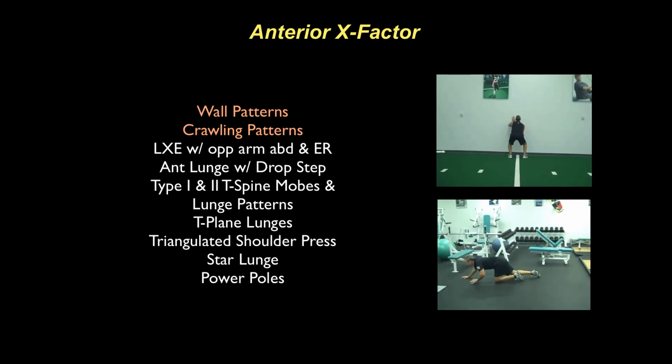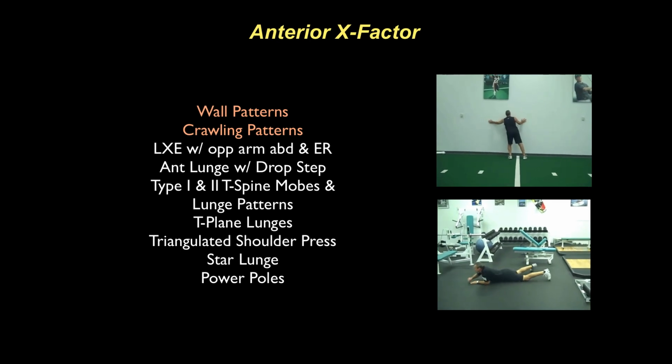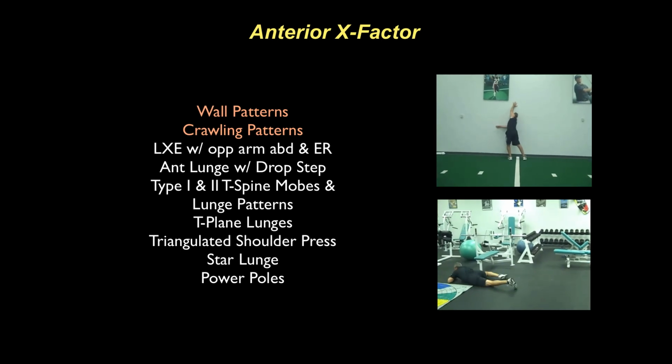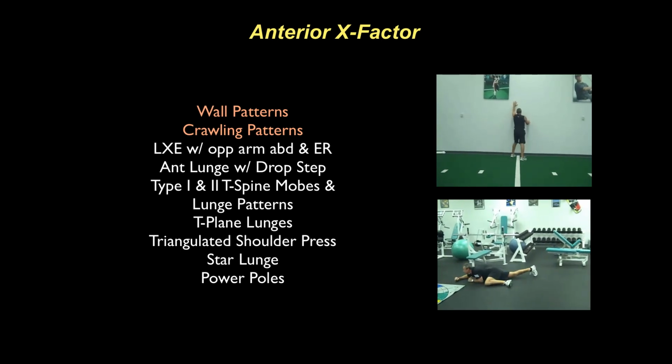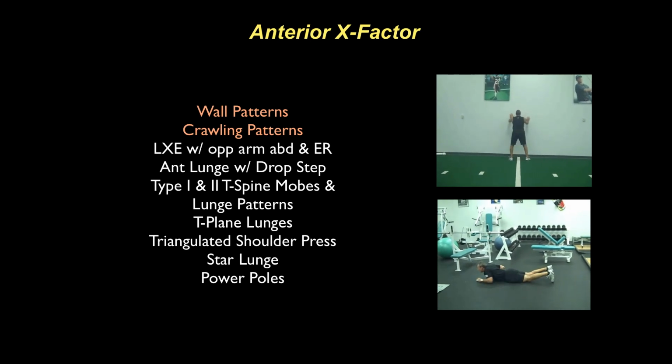The following videos will demonstrate movements that are effective to gain range of motion and stability through the anterior X factor. Some of these actions have been described for other flexibility highways, yet are very useful through the anterior X factor.